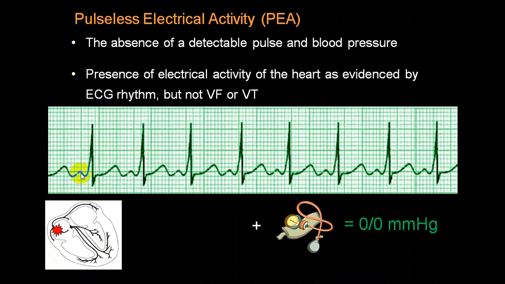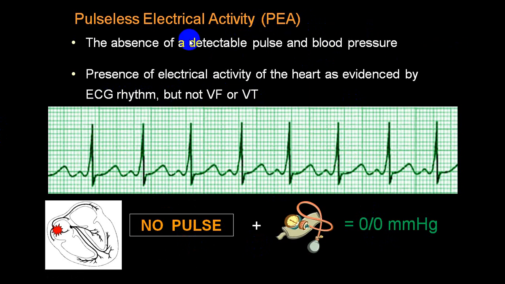Understand here you can see a normal P wave and QRS complex. You can see this on the monitor, but there is no pulse, blood pressure is not recordable, and the person is not having ventricular fibrillation or ventricular tachycardia. And still if you see a normal QRS complex, which is showing you a sinus rhythm, that is pulseless electrical activity.